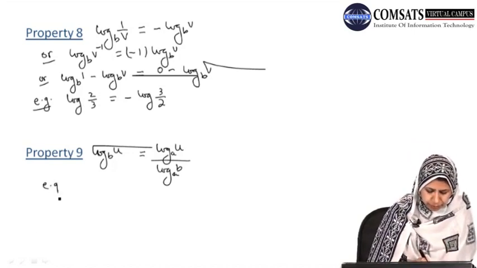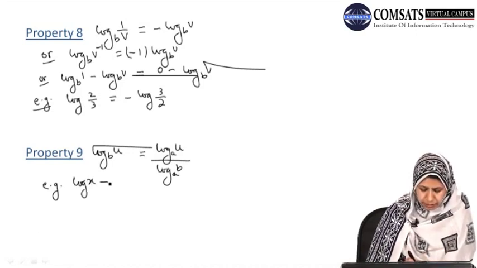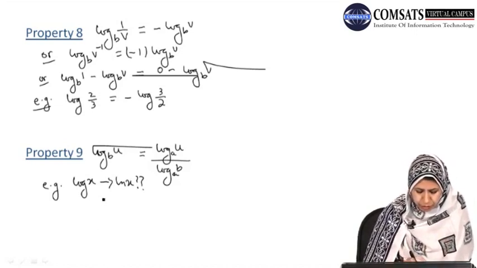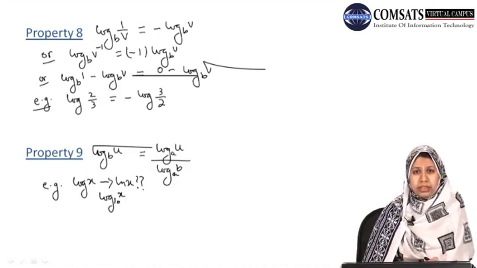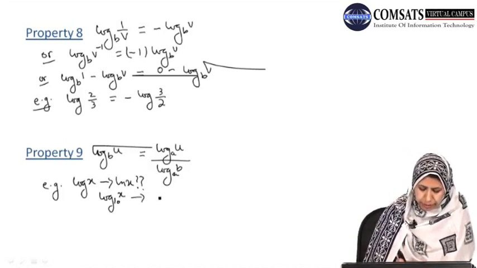For example, if we want to write our log of x as natural log, how will we change our base? Our log of x is nothing but log of x to the base 10, and we are interested in writing this in base e.